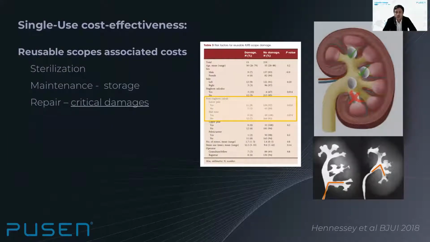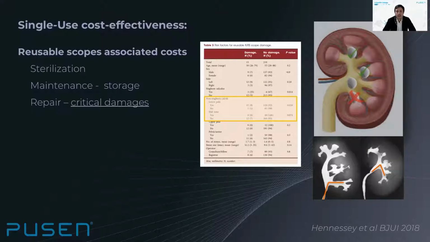Challenging situations like the treatment of lower pole stones are known to be risky procedures, increasing the risk of scope damage due to the deflection needed to reach the stone and the risk of damaging the working channel when introducing instruments through the scope in this position.